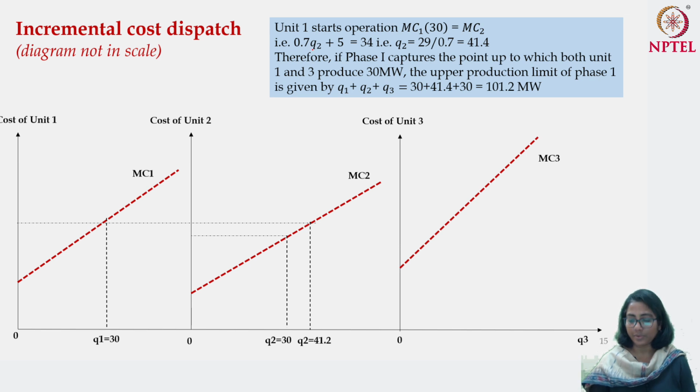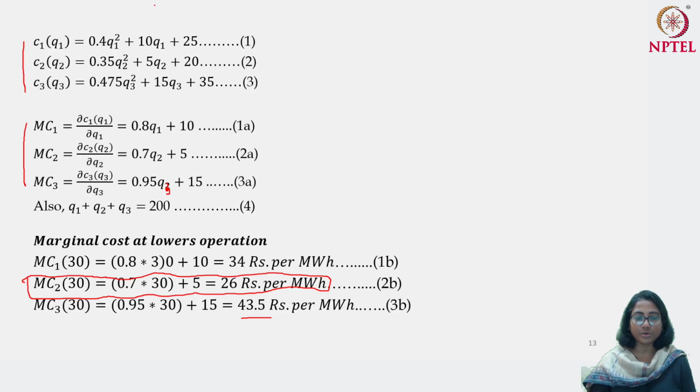So MC2 is 0.7 Q2 plus 5. So we are equating, if I can just take you back here, MC1 at 30 quickly. So you see, this is your MC1 at 30, which is 34, and MC2 is 0.7 Q2 plus 5. So I am equating 0.7 Q2 plus 5 with this 34.